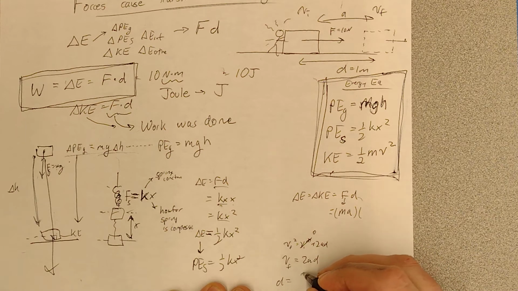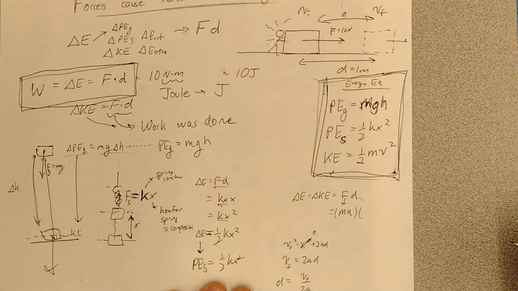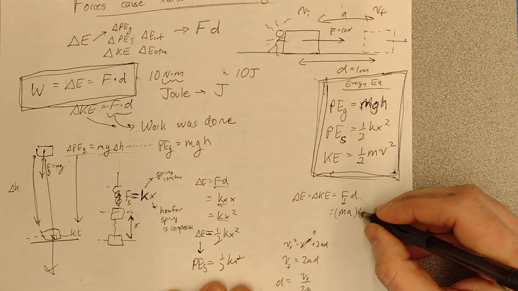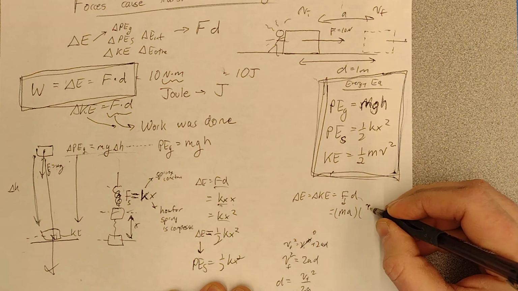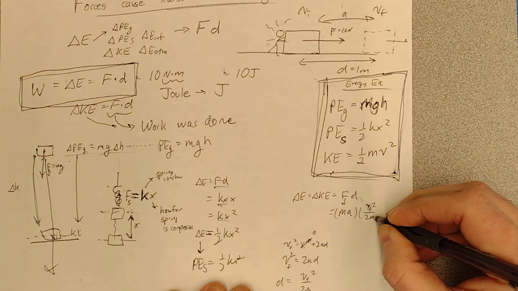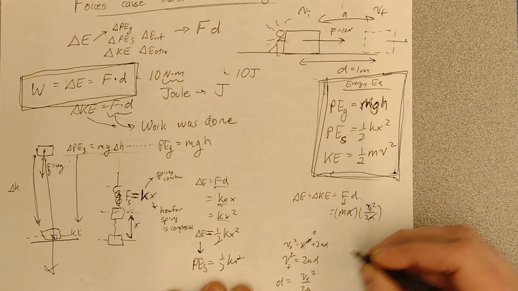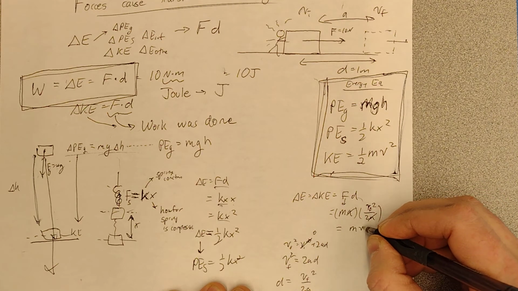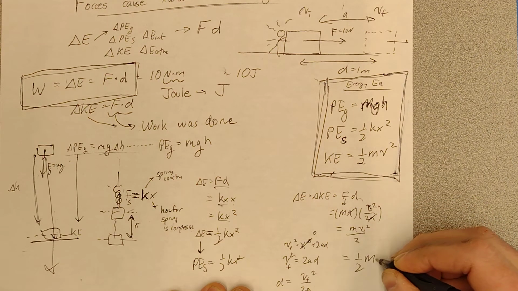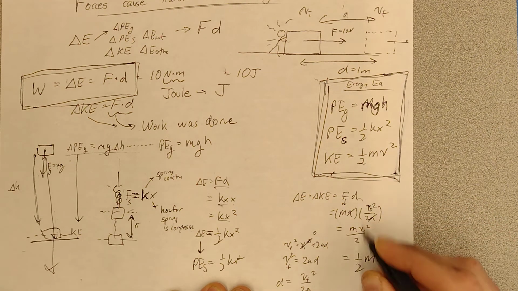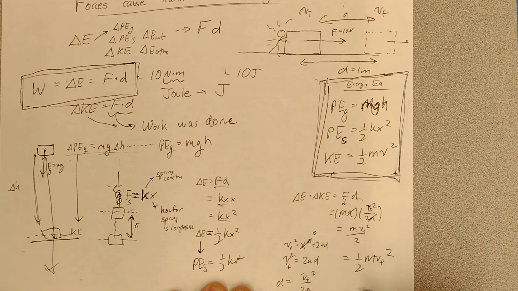So d equals v final squared over 2a. So we put that in up here. We get ma times, oh, I forgot the squared, v final squared over 2a. The a's cancel. You get mv final squared over 2, which we can write as 1/2 mv final squared. So that's where the change in kinetic energy comes from, or the gain in kinetic energy, or the kinetic energy at a particular location.